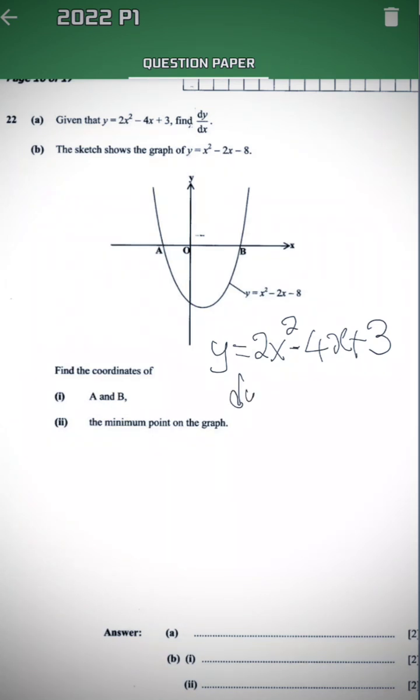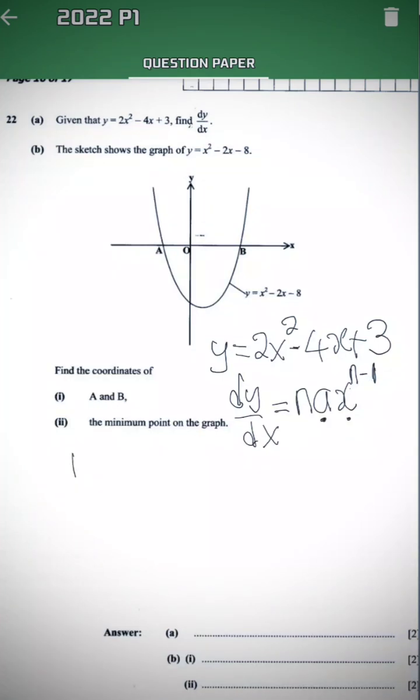So you know that for finding dy/dx, there is a specific formula that we use, which is nax to the power n minus 1. The n here is the power. The a here is the coefficient, and x is the variable. So you multiply the power times the coefficient, the variable is maintained, and from the power you remove 1.